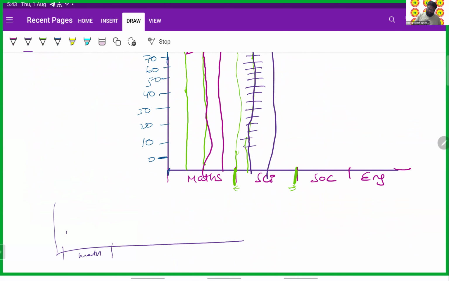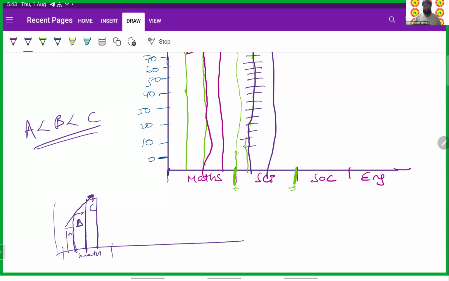In this space, you will draw A's marks. If I tell you A's mark is less than B's mark is less than C's, then I represent A's marks first, then second highest is B, and finally third highest is C. See how it is rising, or not?